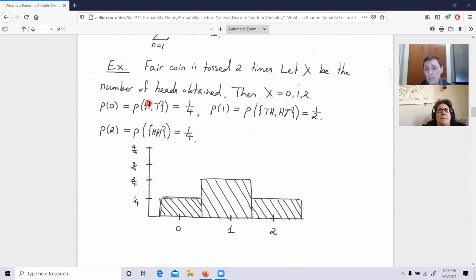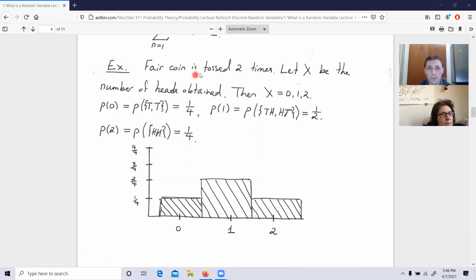So the event is converted to the probability of no heads, of 0, and that probability is 1/4. Now one head is converting the outcomes TH and HT, and we have 2 of them, so they are 1/2. And the probability of 2 is of course also 1/4, like in the first event.